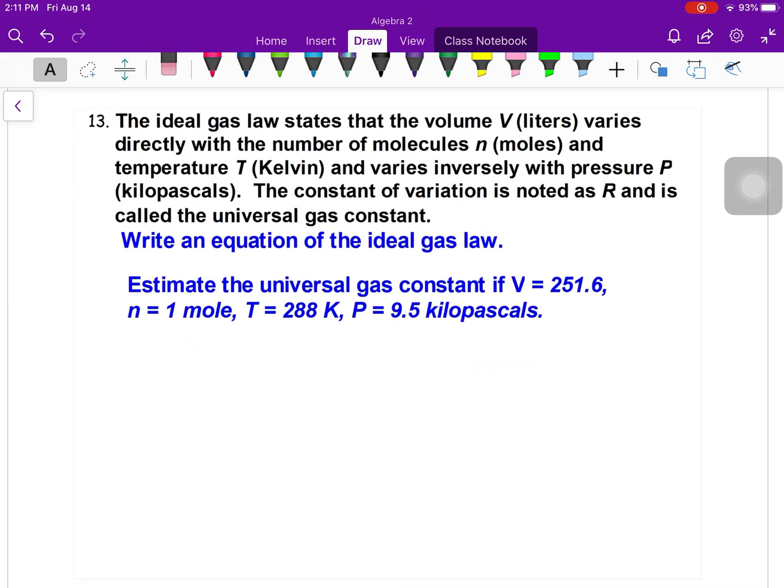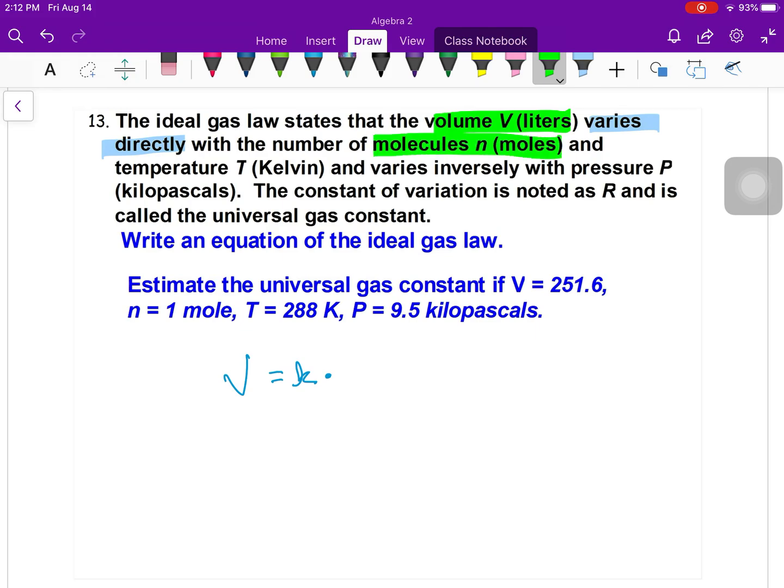The ideal gas law states that the volume V in liters varies directly. So right now I've got equals k times V. Okay?